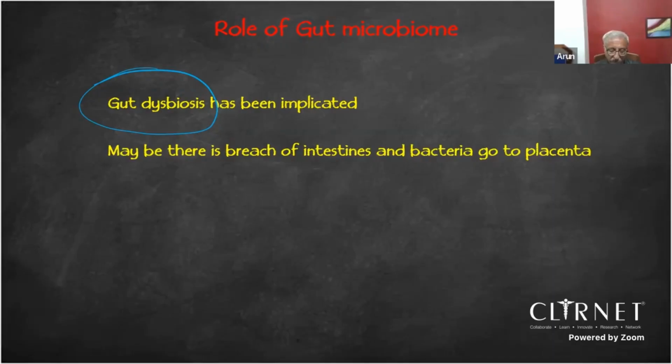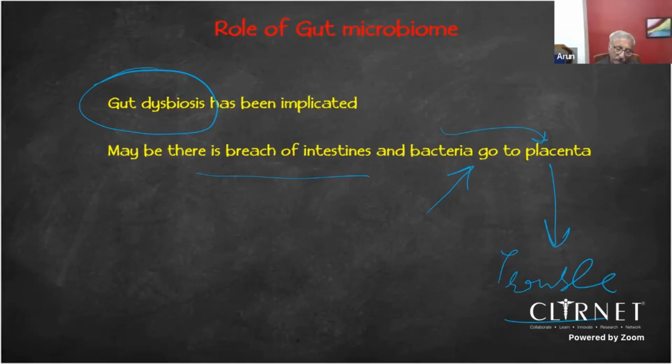Maybe there is a breach of the intestine and bacteria go to the placenta, and there they cause trouble. So this is another hypothesis, a possible role of gut microbiome. It is coming up in all diseases otherwise also. They are now trying to implicate this as one of the factors possibly responsible for the development of PIH.